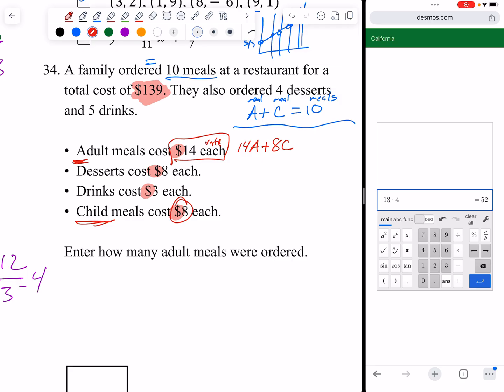I ordered desserts and they told me it was 4 desserts at $8 each. So if I say 4 desserts, 4 times 8, that's $32 for desserts. Then drinks. I had 5 drinks. Each one is $3, so that's 15. And again, everything is money, right? $15. What was my total? 139.